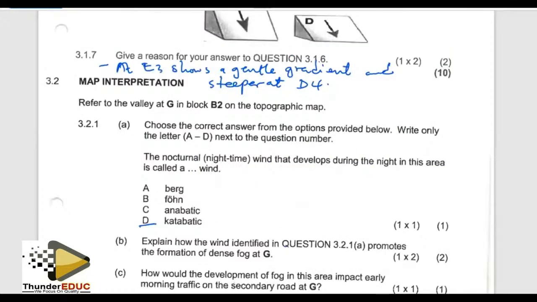So that is how the katabatic winds will result in the formation of dense fog at G.